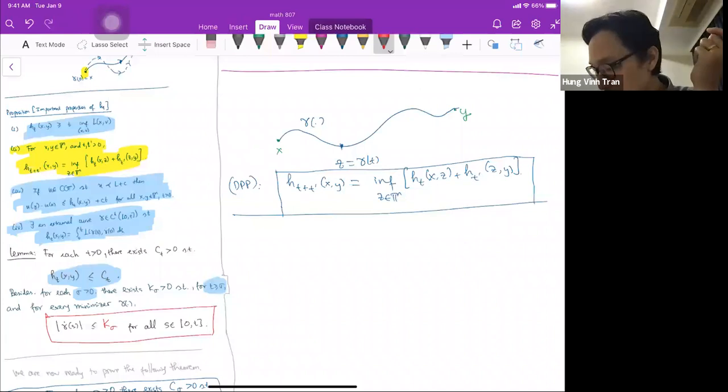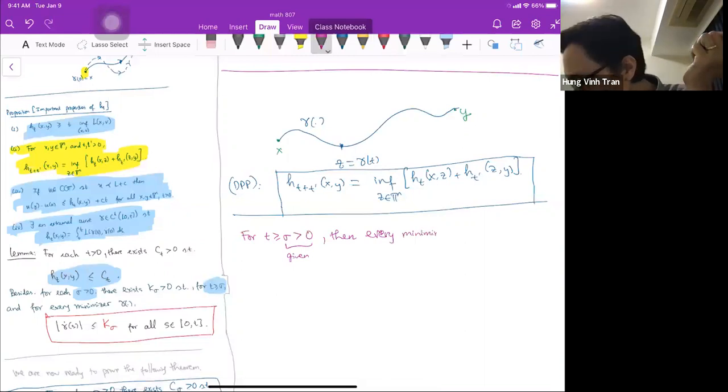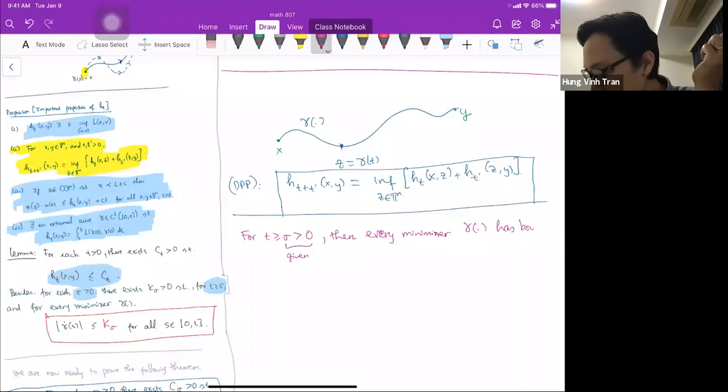So what is really important in that second point is that for t greater than or equal to sigma greater than 0, this is given, right? Given that, then every minimizer gamma has bounded velocity, k sigma, which depends only on sigma.